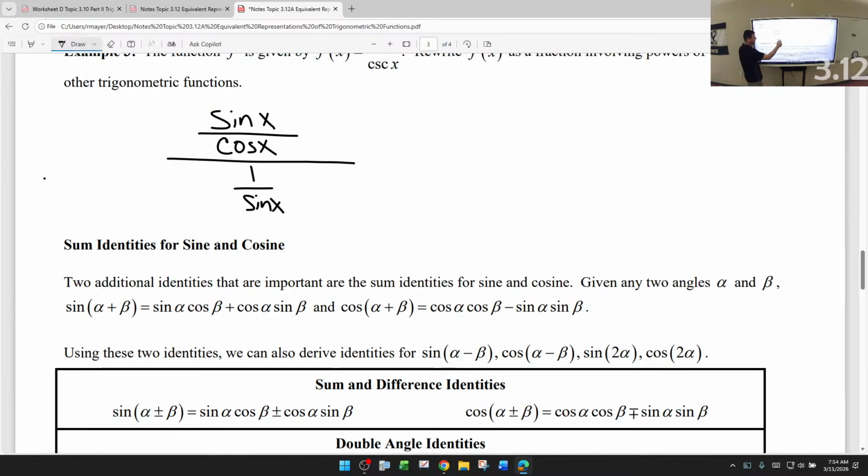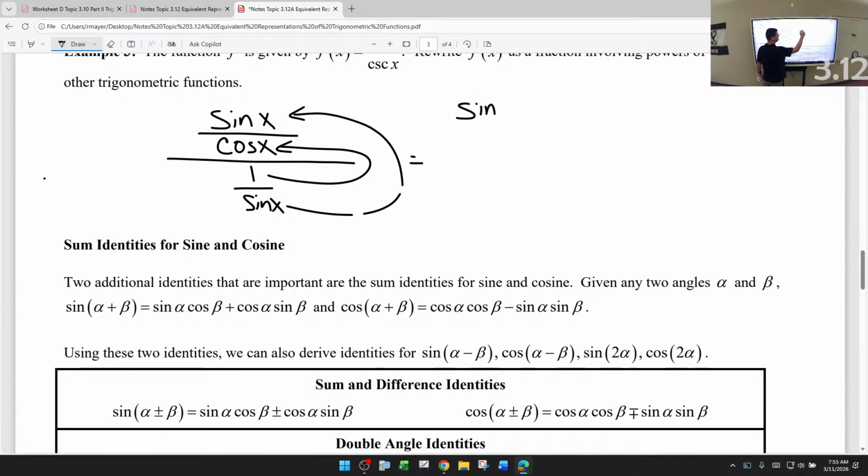And so this sine is going to go up here with this sine, and this 1 is going to go down here with that cosine. You've got to get really comfortable with fractions over fractions. And so this now ends up being sine squared over cosine.